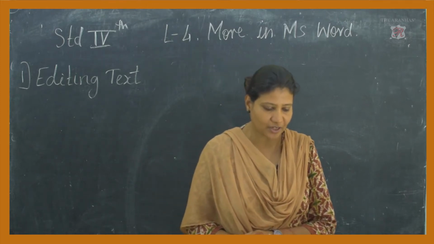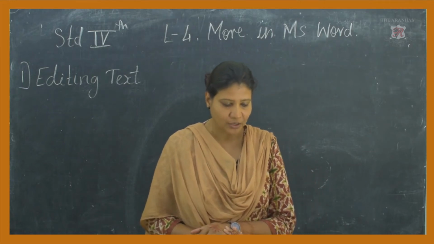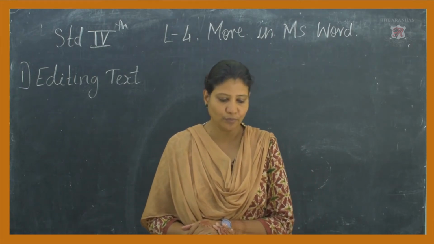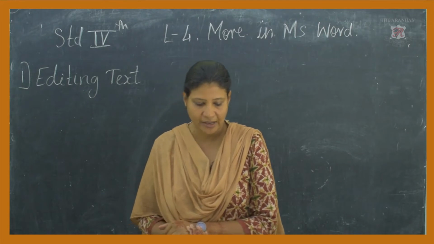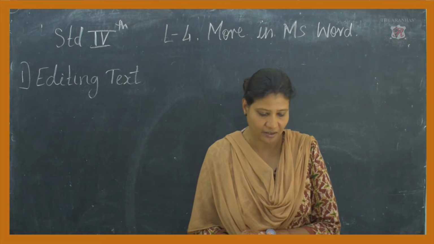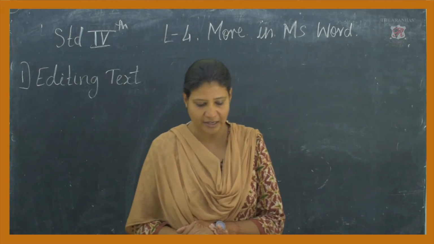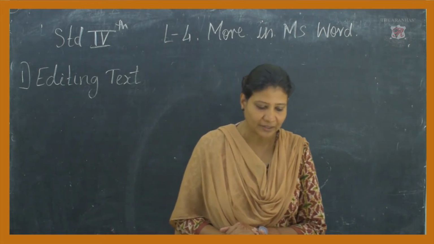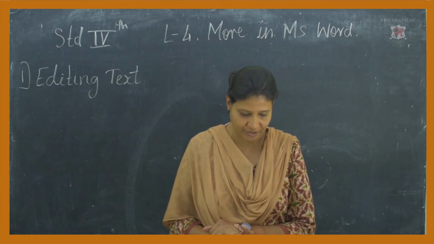In this we are going to learn editing text first. So once we have typed the text, you may make changes in the text by inserting text, cutting, deleting or replacing text in the document. This is called editing. This can be done by the following operations.